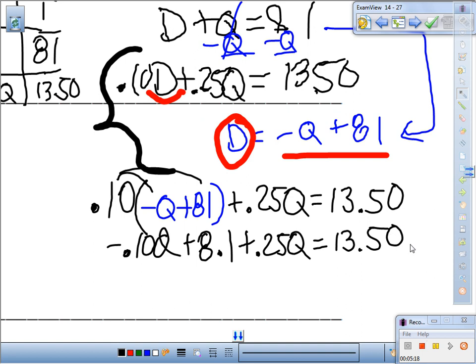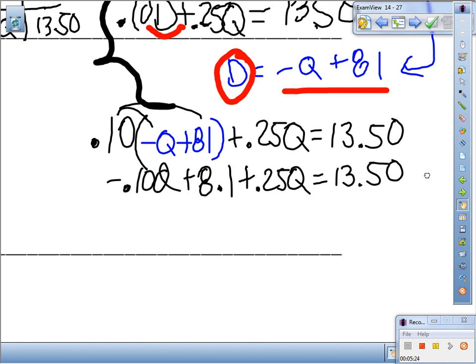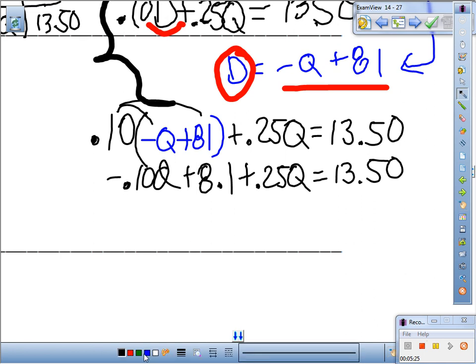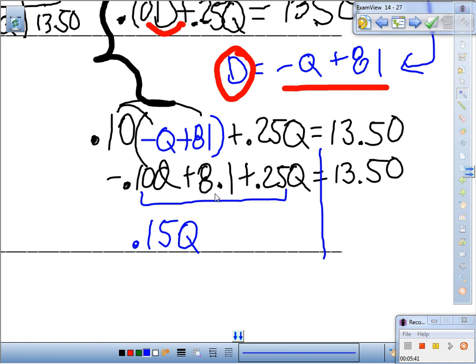Are we there so far? All right. Line down the equal sign. Can I simplify this side? What do we do? Combine like terms, right? What is 0.25 minus 0.10? 0.15Q. Bring down the plus 8.1, and all that equal to 13.50.